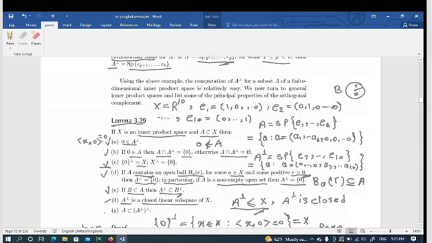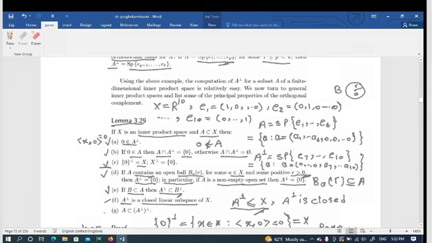Lemma: let X be an inner product space and A a subset of X. So we have the following properties. A: 0 is an element of A orthogonal, because 0 is orthogonal to any member.